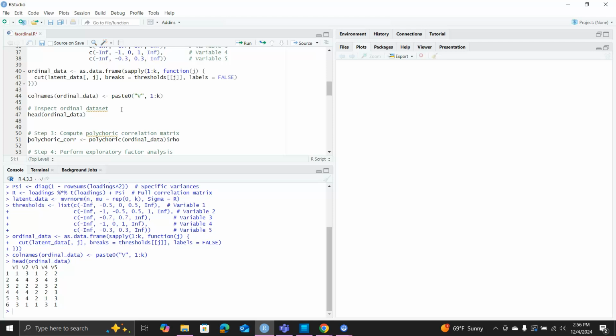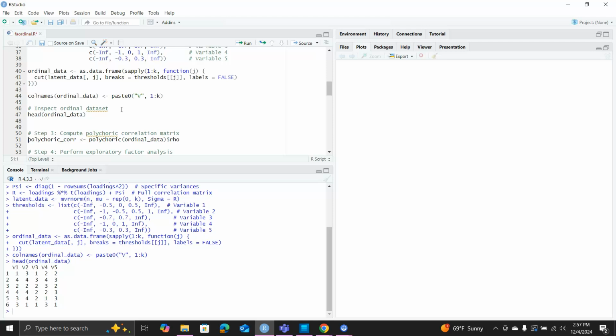This approach is really based on the idea that we don't need the raw data to perform a factor analysis. We just need the correlation matrix. So even though we have ordinal data, as long as we can calculate a correlation matrix for the ordinal data, we can feed it to the factor analysis function.